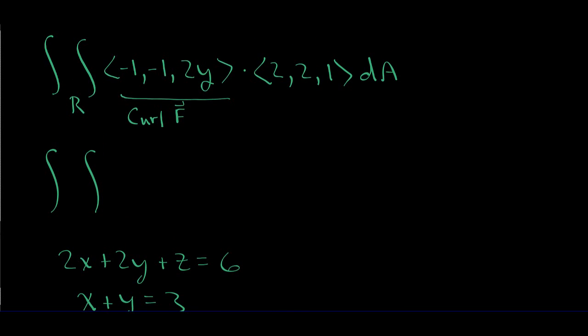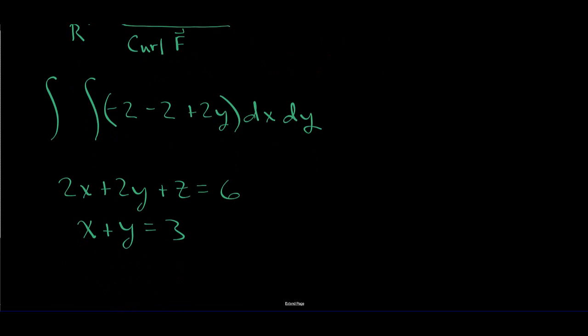This is going to be negative 2 minus 2 plus 2y. And now I have to set up my bounds. I think I'll integrate with respect to x first and then y. So here I go. With respect to x first, solving for x, x goes from 0 to 3 minus y.